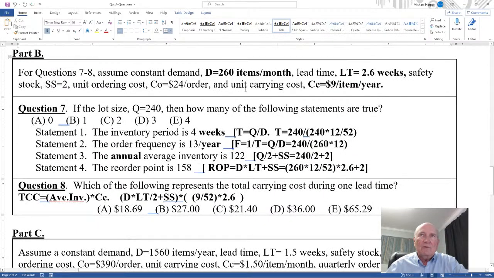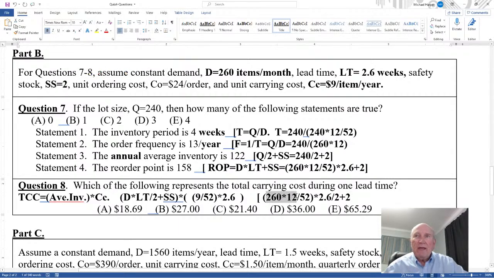From that, you can bring down the values and just plug and crank, but demand is in months and the lead time is in weeks, so let's carry this through. My demand here is 260 times 12 divided by 52. That's my demand per week, times 2.6 weeks, over 2, plus my safety stock of 2 up here.